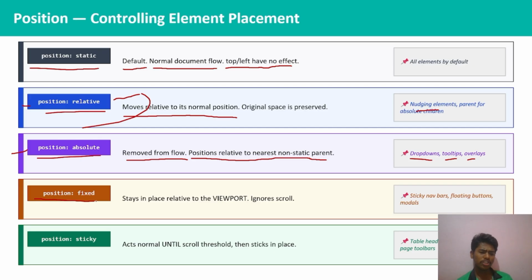Here, position fixed. Simply, fixed means it is fixed in that place only. It stays in place relative to the viewport and ignores the scroll. When we go through the website, something like a phone symbol or a chatbot icon at the side of the screen will not move when we scroll.